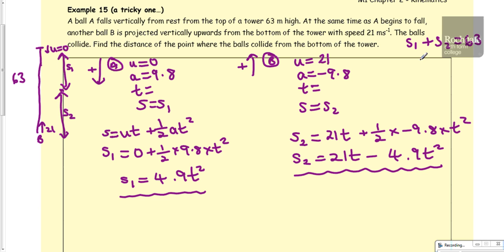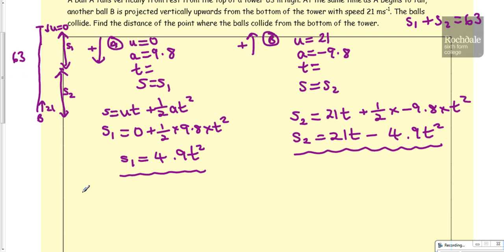Now we do know that the two displacements, S1 and S2, add together to give 63. So if I do this algebraically, S1 is 4.9 t squared, S2 is 21t minus 4.9 t squared, and together they equal 63.